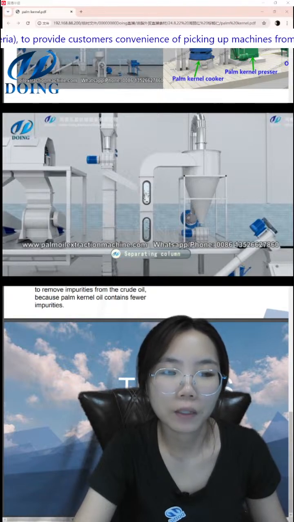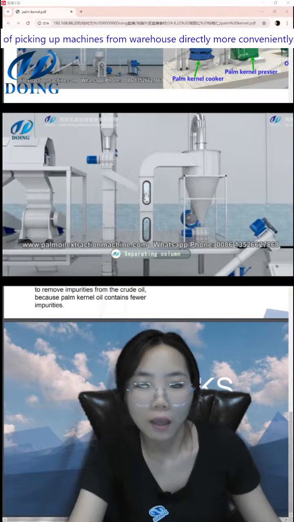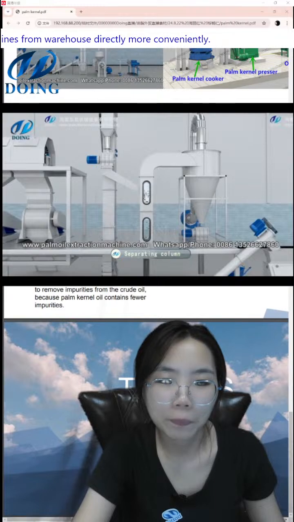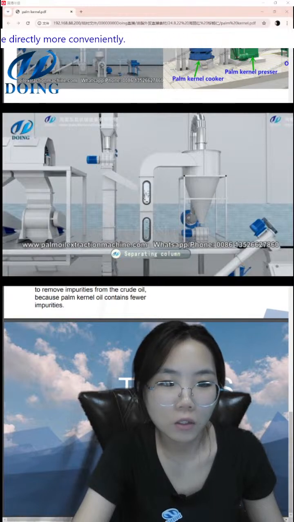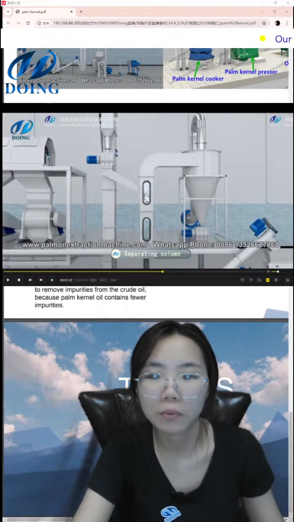So the lighter shell enters the cyclone through the wind first, and the pipe is connected outside to ensure the environment of the workshop.